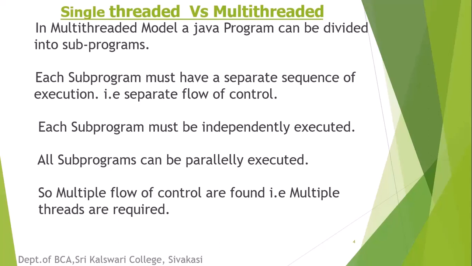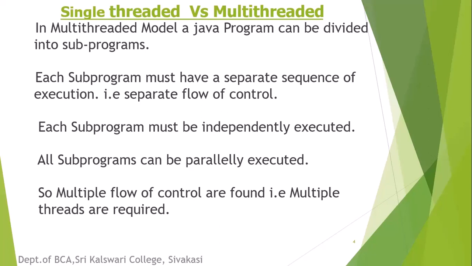Each subprogram must have a separate flow of control. That means each subprogram must be executed independently, not dependent on each other. All the subprograms can be executed in parallel. No need to wait for one program to finish before another.